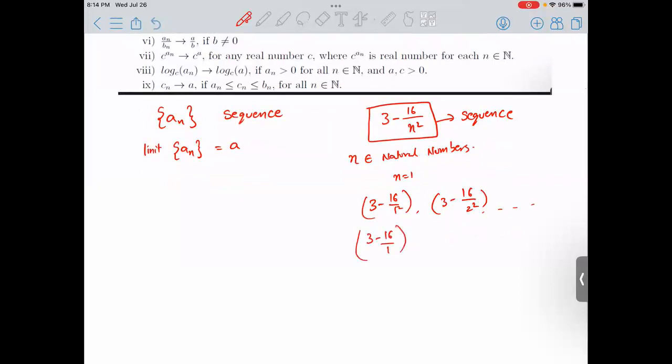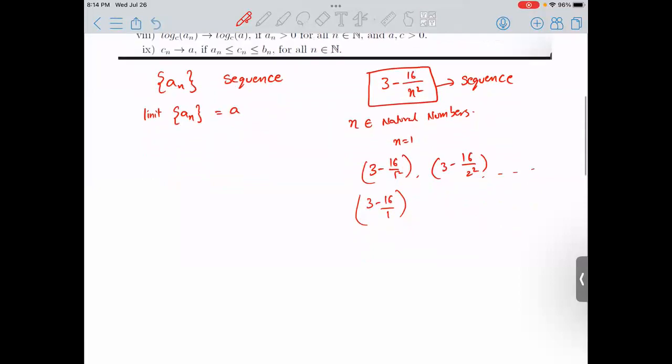What is the value of it? Minus 13. Then 3 minus 4, which is minus 1. And if you go on like this, 3 minus 16 by 16 square, and 3 minus 16 by 200 square.